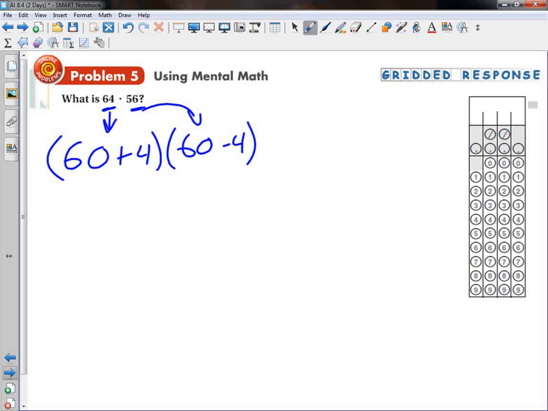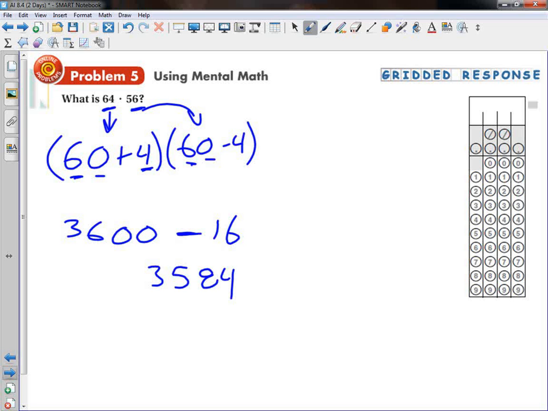All right. Now, since we have the same numbers, but with different signs, I know that the answer is going to be first term squared, or 60 squared, which is 6 times 6 is 36, and I have 2 zeros. There we go, 3,600. Minus, I always know there's going to be a minus sign, the second term squared, or 4 squared, which is 16. 3,600 minus 16 is 3,584.